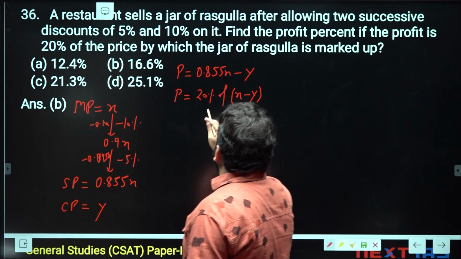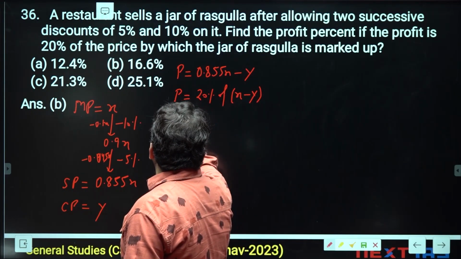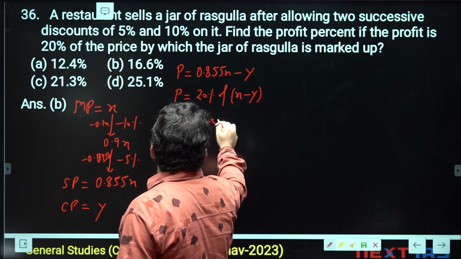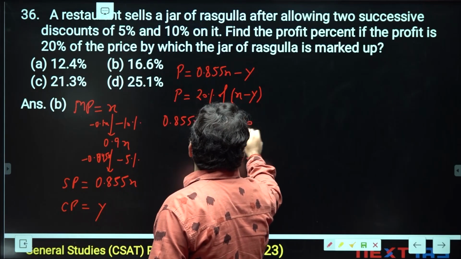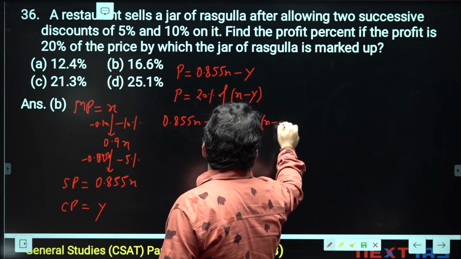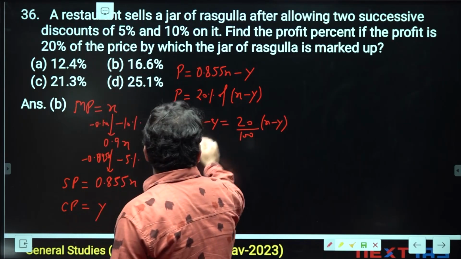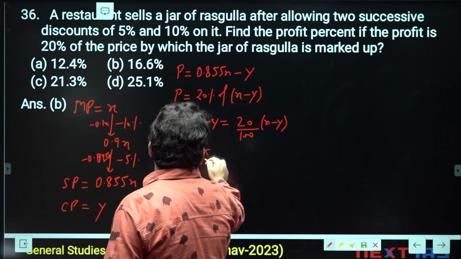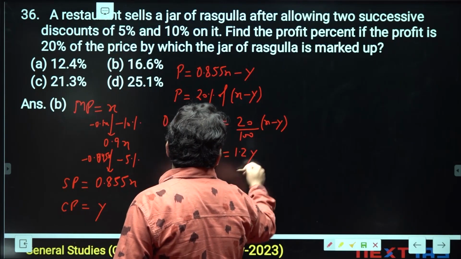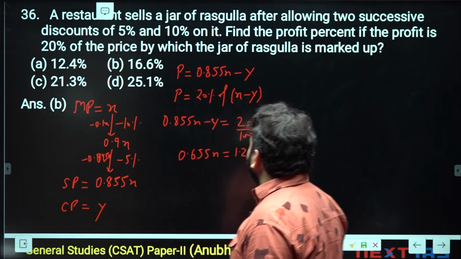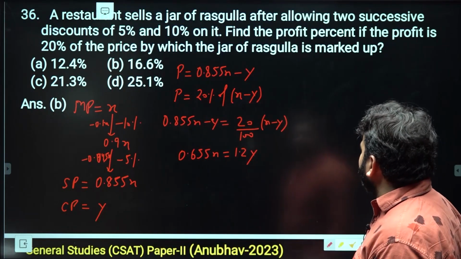So now equating both, 0.855x minus y equals 20 by 100 into x minus y. So now after solving it, we get 0.655x equals 1.2y.